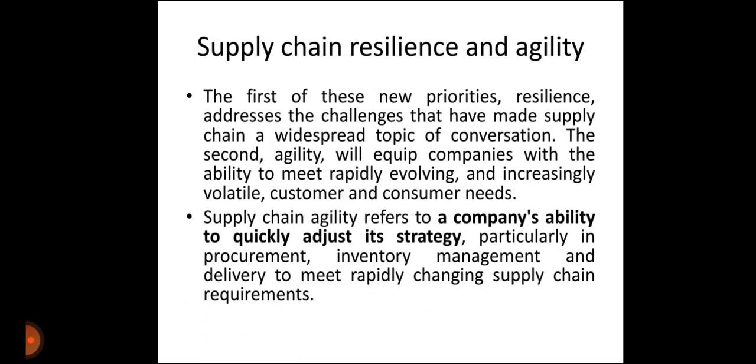Supply chain resilience and agility means nothing but how the distribution channel is going to be used in the organization. The first of these new priorities, resilience, addresses the challenges that have made supply chain a widespread topic of conversation. The second, agility, will equip companies with the ability to meet rapidly evolving, increasingly volatile customer and consumer needs.